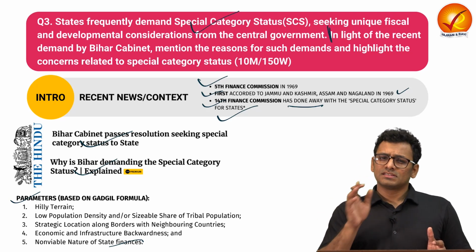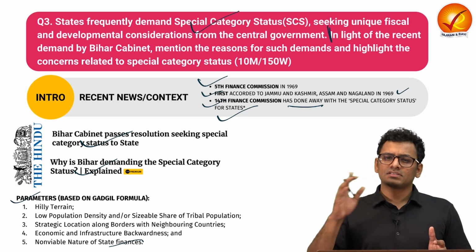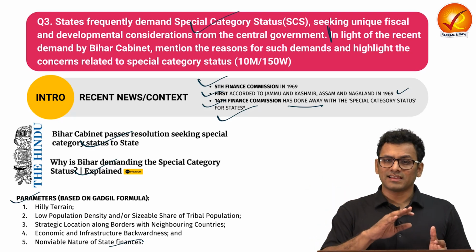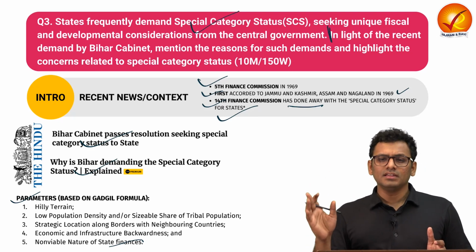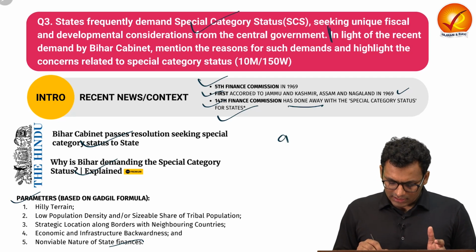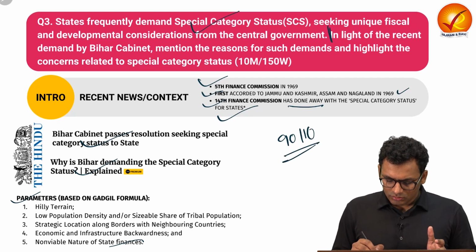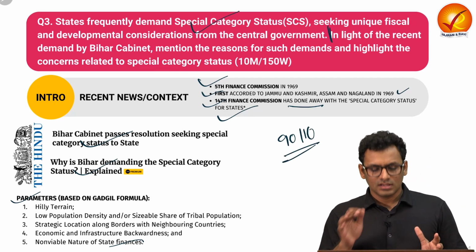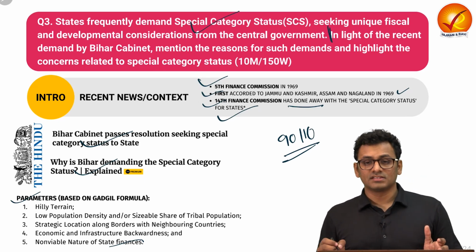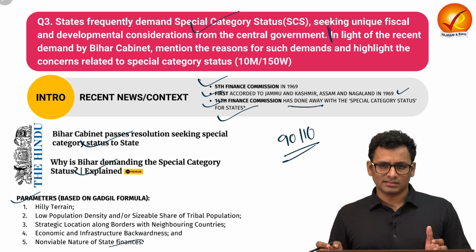And also centrally sponsored schemes, which were previously on a 60:40 ratio, 60 center, 40 state, or 80:20, have now been changed to 90 and 10. Because of this kind of arrangement, the 14th Finance Commission did away with the special category status.